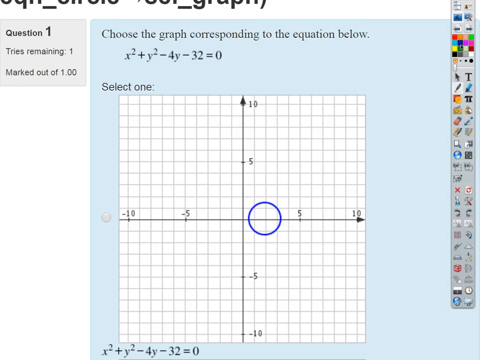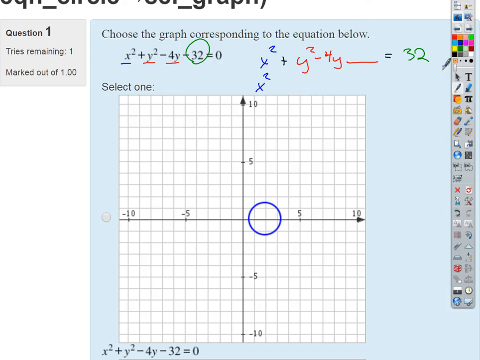So to do this, we're going to collect the x, well, there's only one x term, so that's easy. So we get x squared plus, let's collect the y terms together, y squared minus 4y equals, and then we'll add the 32 to the other side.